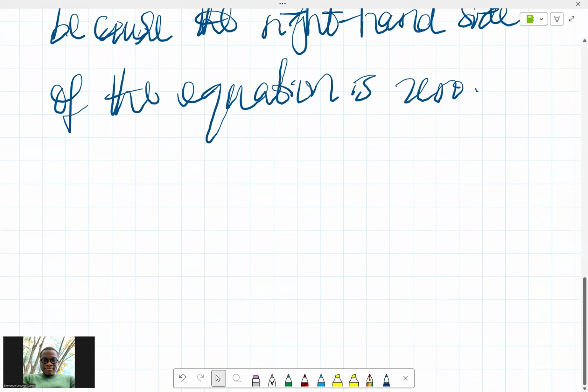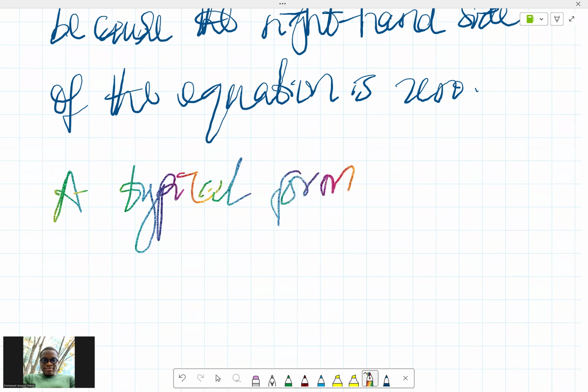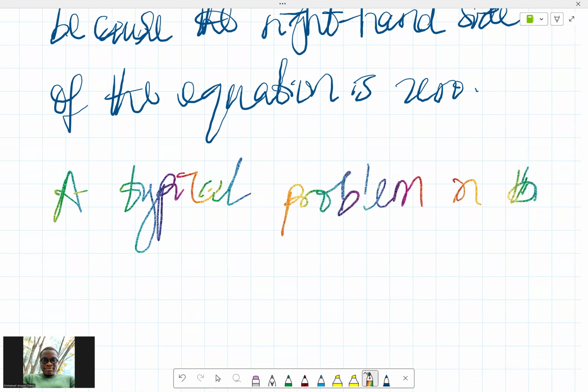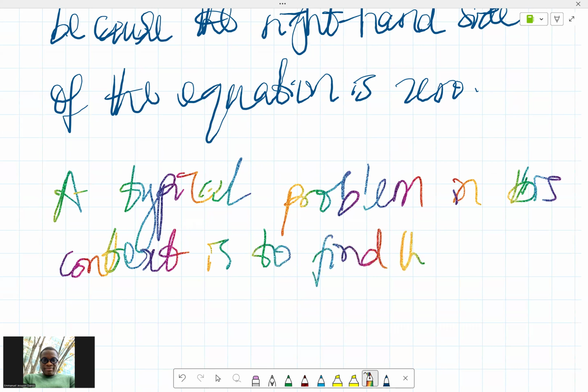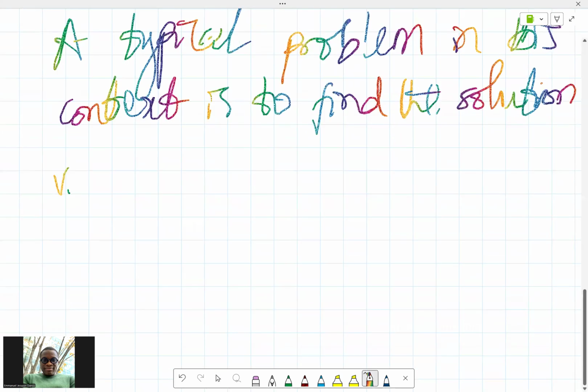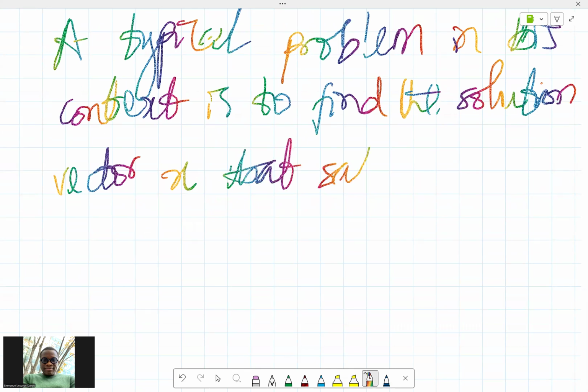So a typical problem in this context is to find the solution vector X that satisfies this equation.